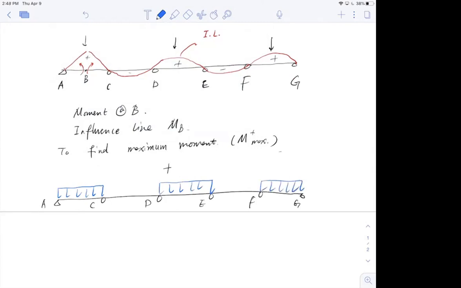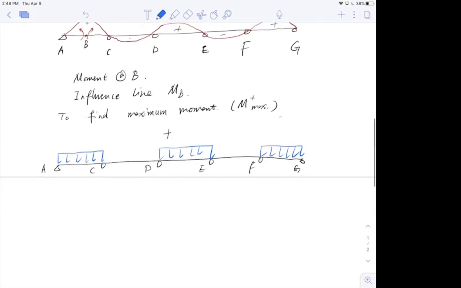Okay, so if I want to find the maximum negative moment, instead of this, I need to use different settings.